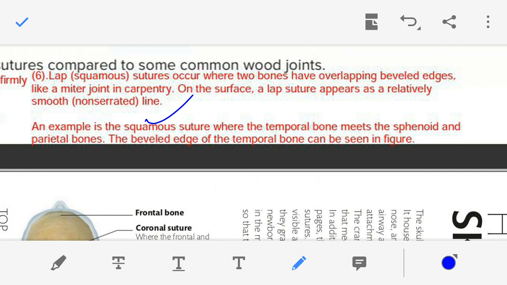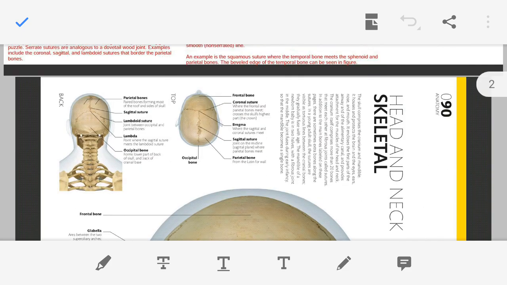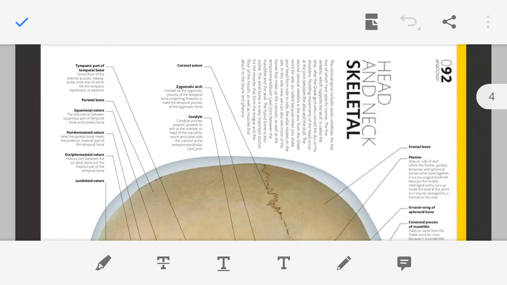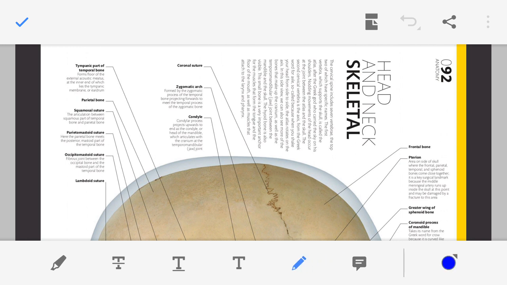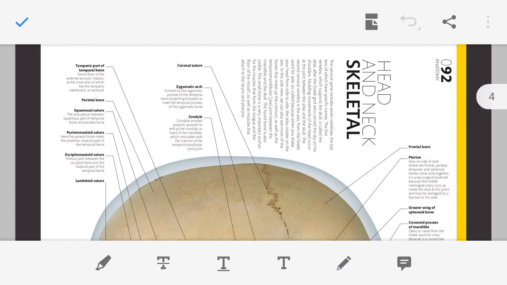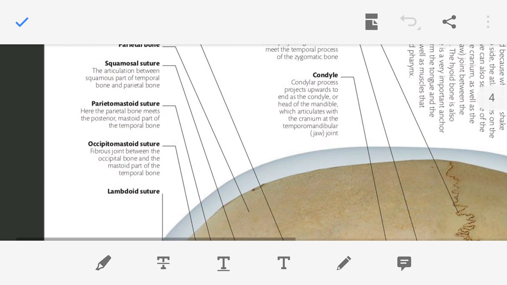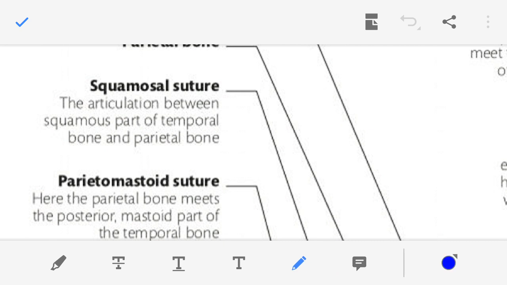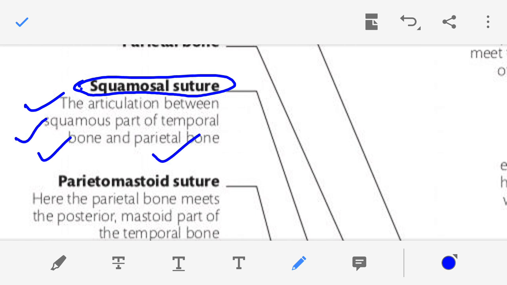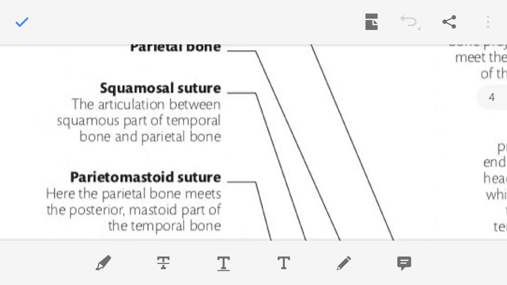First of all, this one is the parietal bone. The squamous suture is the articulation between the squamous part of the temporal bone and the parietal bone. So the squamous suture is present between the temporal and the parietal bone.